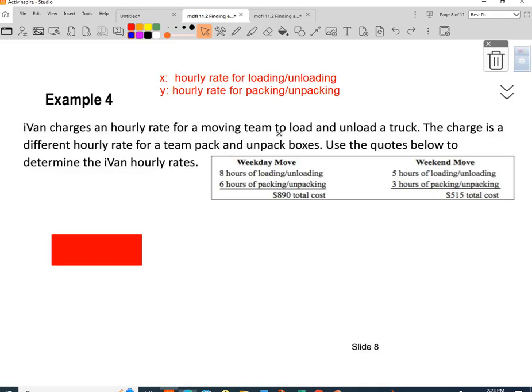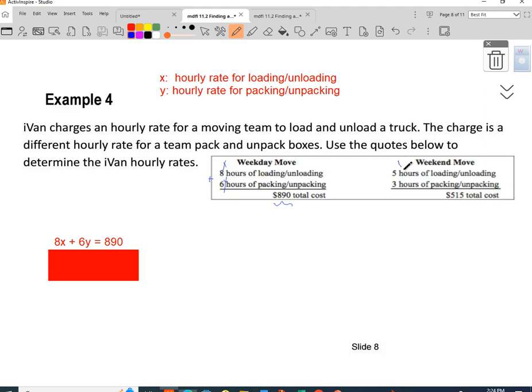Our first equation is going to be based on the weekday move. So it's going to be 8X plus 6Y equals $890. So we have our first equation in our system.